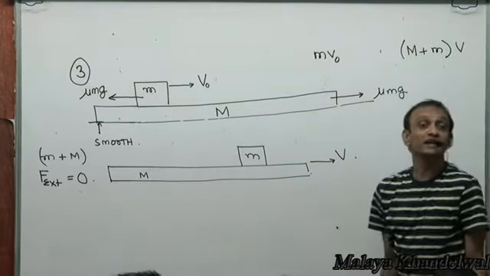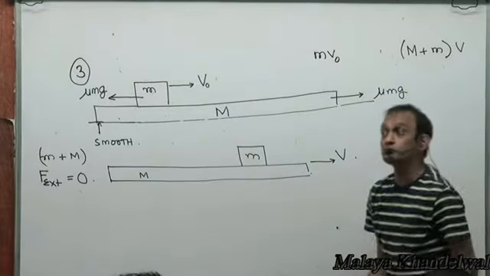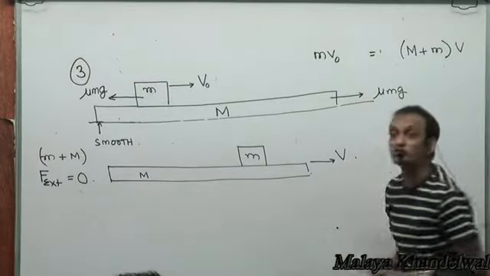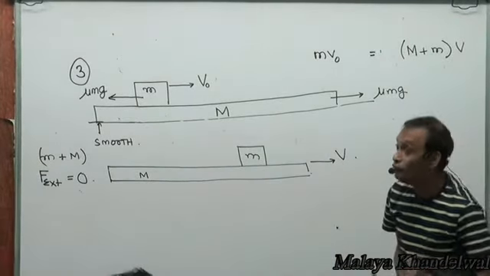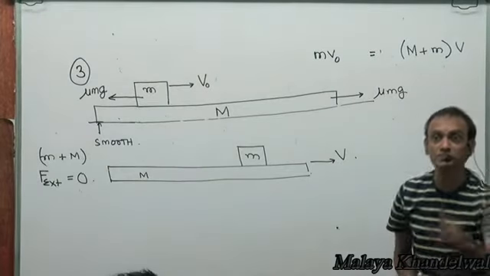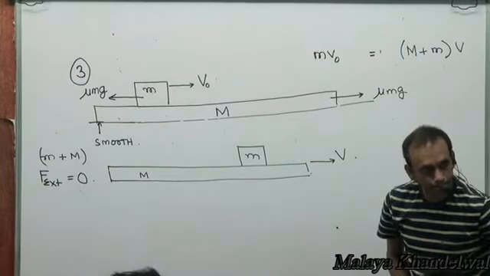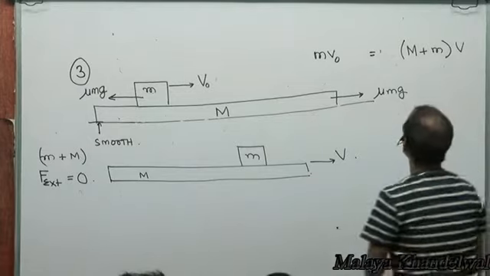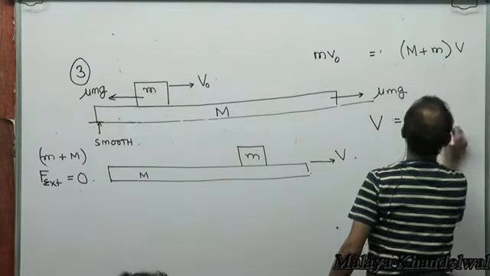In absence of any net external force in the horizontal direction, for the system constituted by small m plus capital M, the linear momentum must be preserved. Yes or no? You know what I'm saying? And therefore, the final common velocity is mv naught by capital M plus small m.